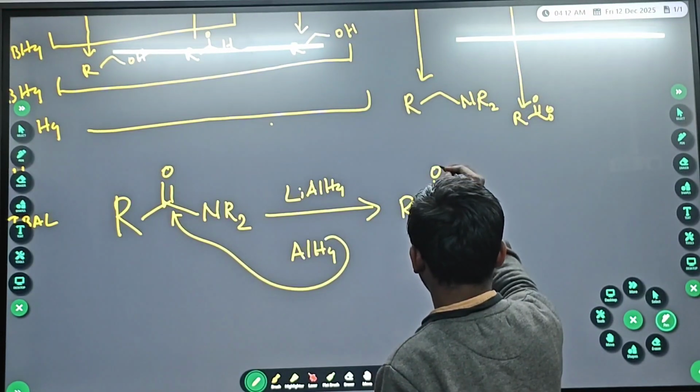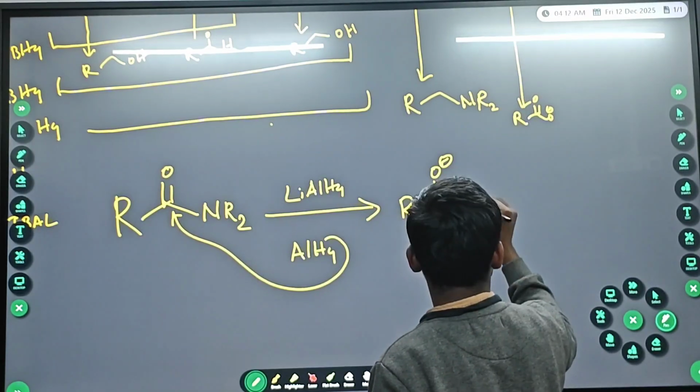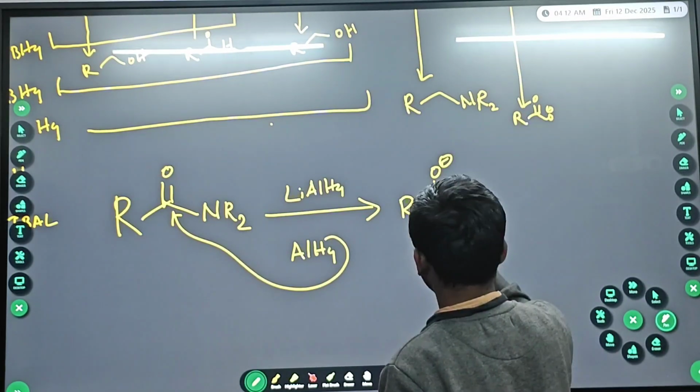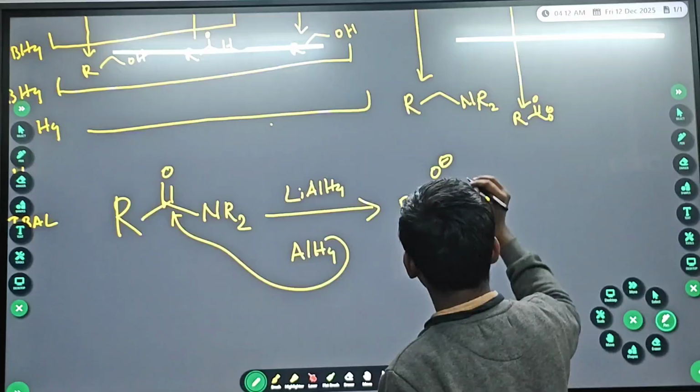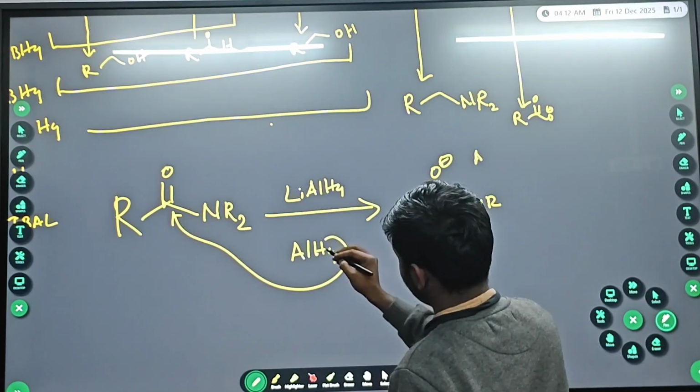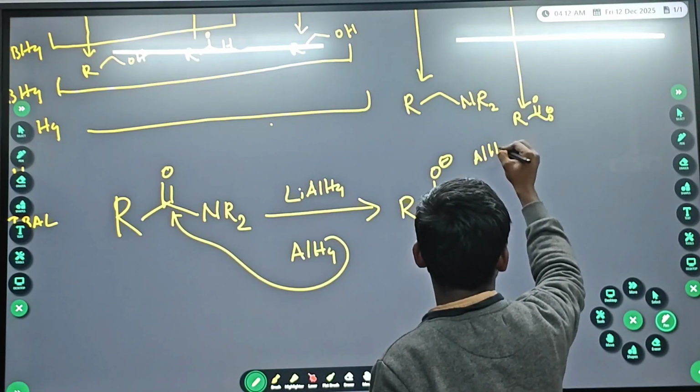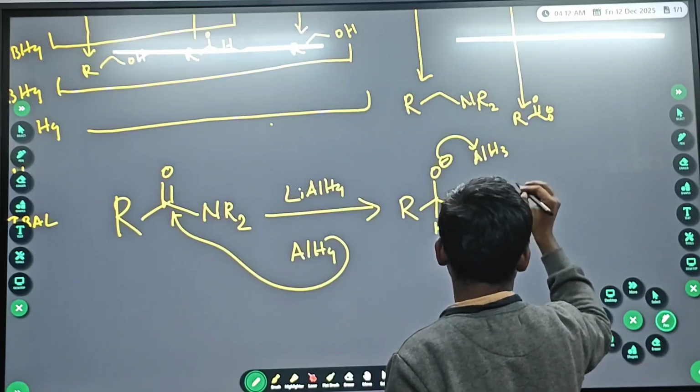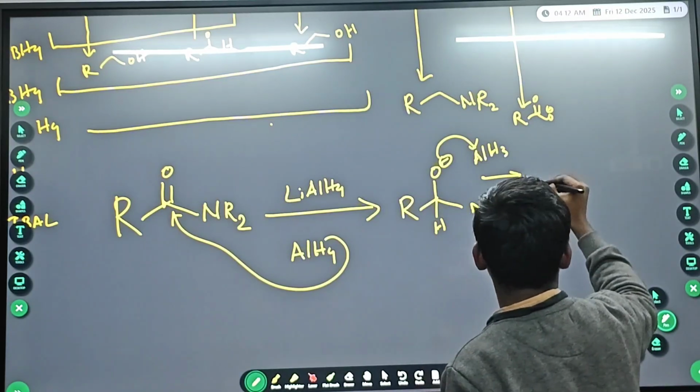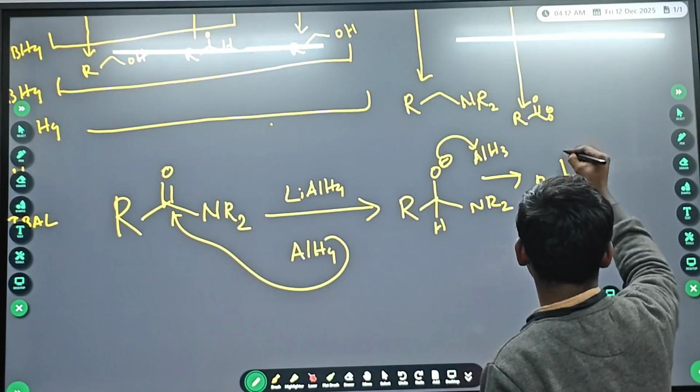Then O minus, NR2, and there is a hydrogen also. And this O minus will coordinate with AlH3 like this, and this will make this product.